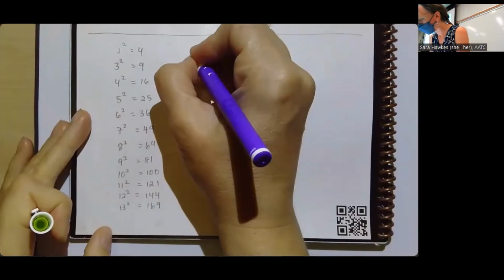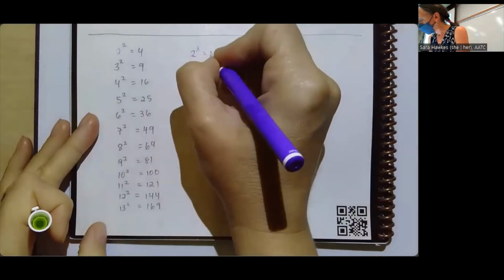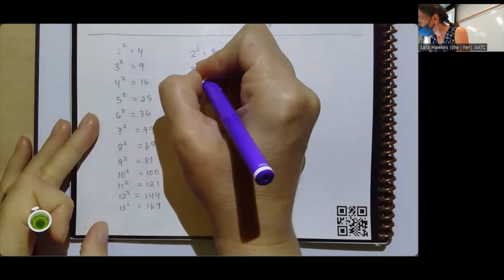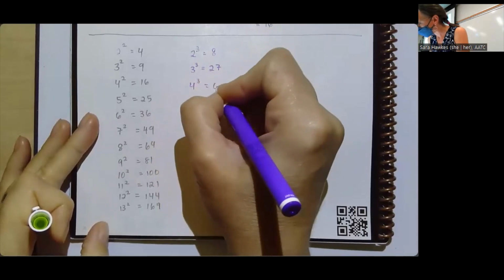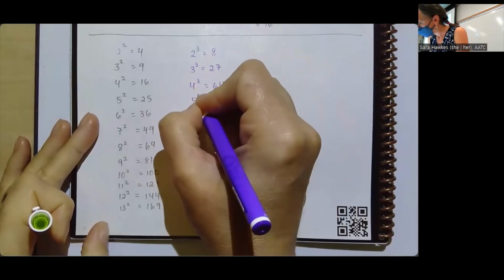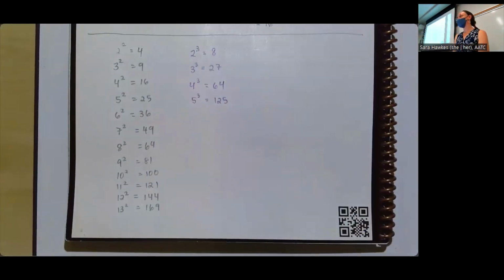In terms of stuff cubed, I don't expect you to go as high. So 2 cubed is 8. 3 cubed is 27. 4 cubed is 64. 5 cubed is 125. You got that, we're good.